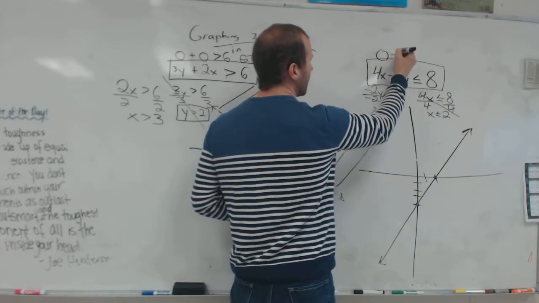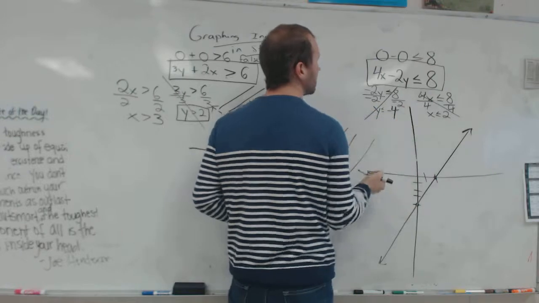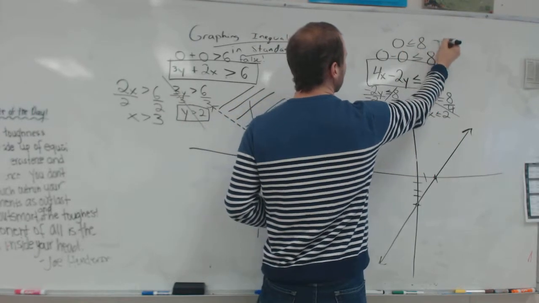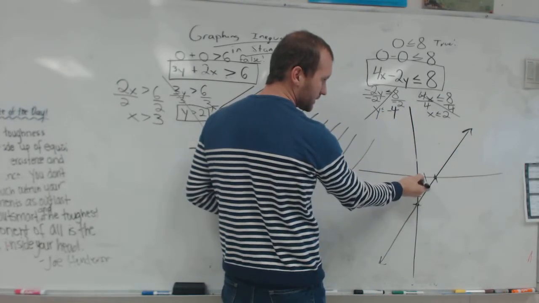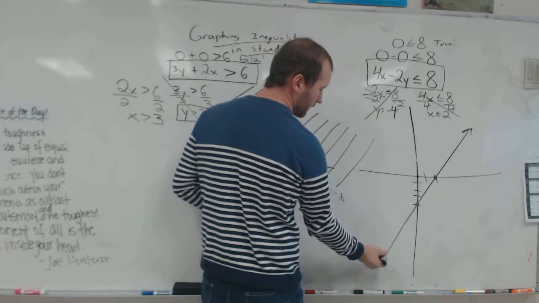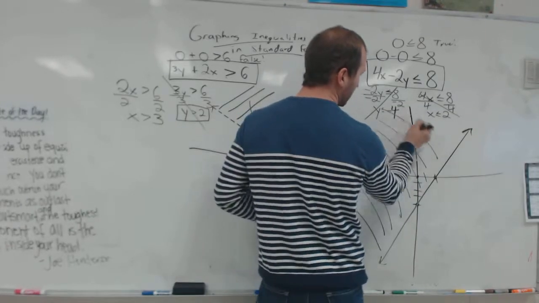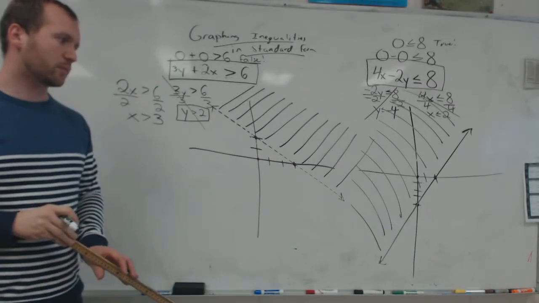Is 0 minus 0 less than or equal to 8? That's true, right? 0 is less than or equal to 8. So I'm going to shade towards 0, 0, towards the origin here. And so it's this half of the plane.